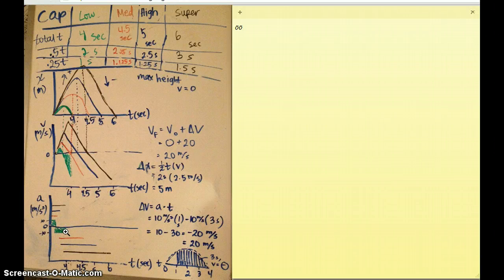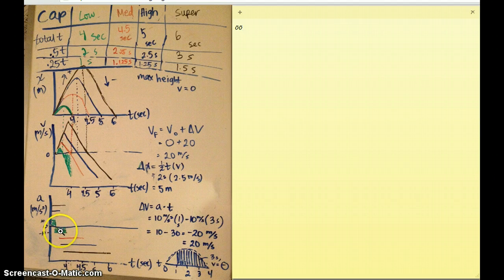And if we were doing that, then the total change in velocity after the rocket had reached its maximum point would be negative 30 meters per second, because it traveled for a total time of 3 seconds, and this is after it had switched directions.